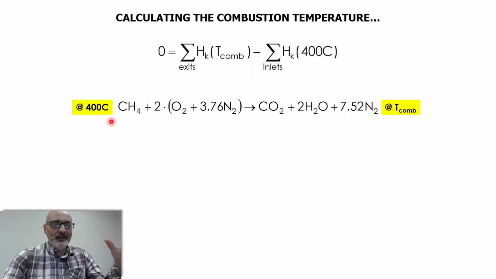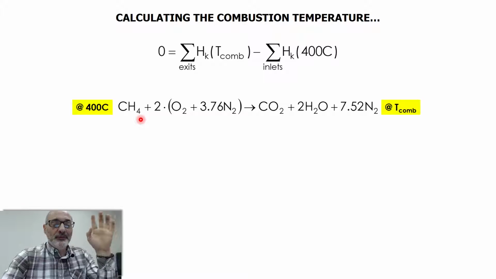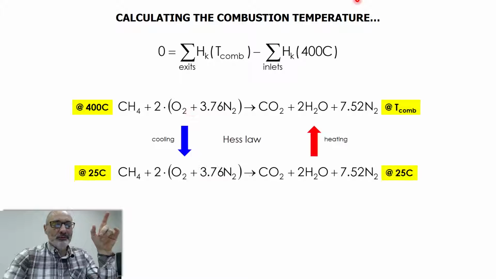Follow my reasoning. Suppose instead of reacting the fuel and air at 400 degrees, before reacting, we cool down the fuel and air to, let's say, 25 degrees. So we somehow remove heat from fuel and from air in order to cool it down to 25 degrees.